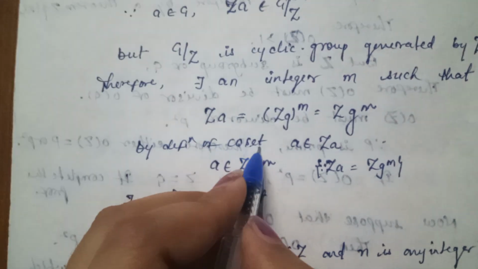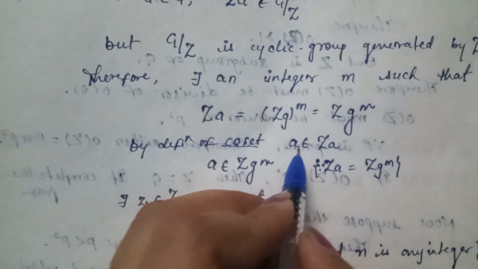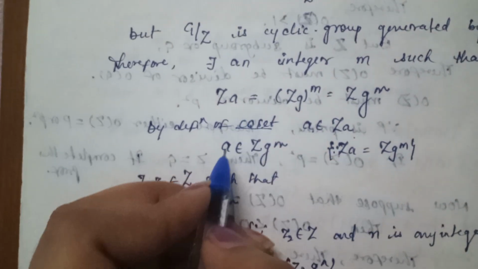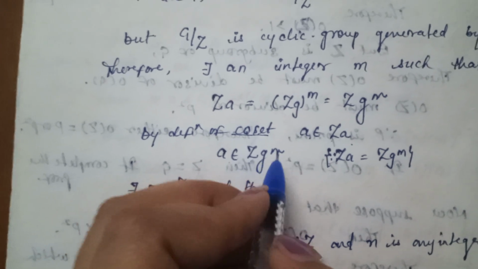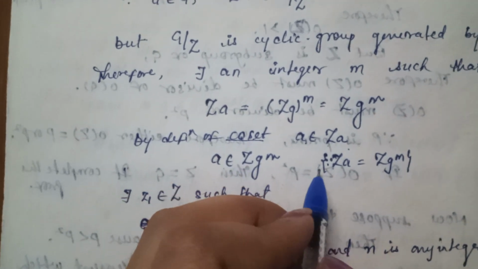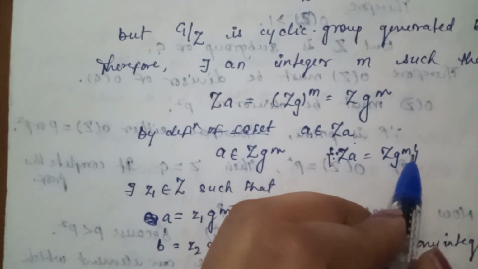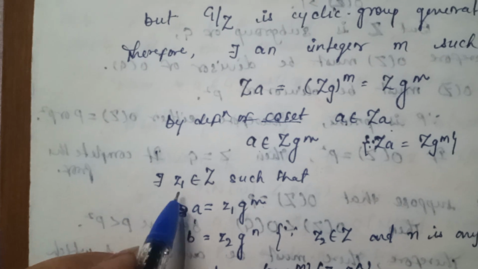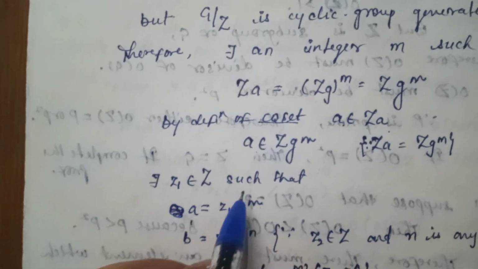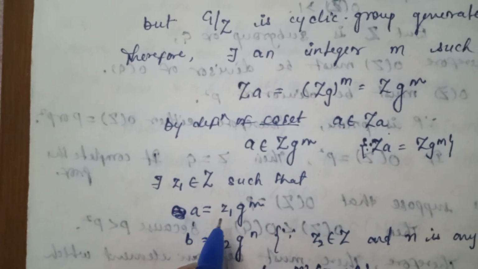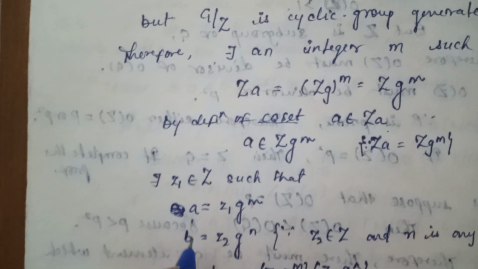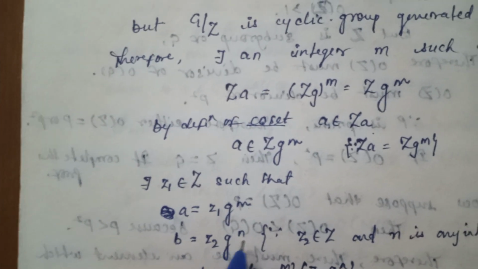By definition of coset, A belongs to ZA. So A belongs to Zg to the power m. Since ZA is equal to Zg to the power m, there exists Z1 which belongs to Z such that A is equal to Z1 g to the power m, and B is equal to Z2 g to the power n.